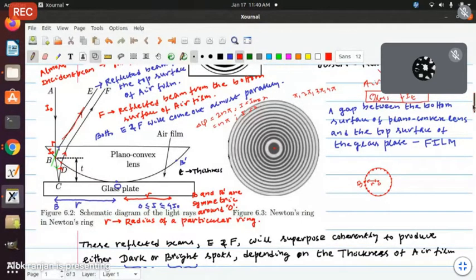Sir, n pi would be 2n plus 1 pi, no? For the dark band. I mean, 2n plus 1 pi, like pi, 3 pi, you can put, and then I have not written down n, right?